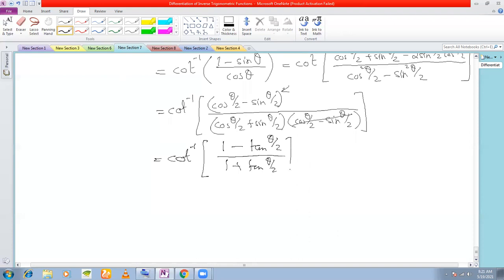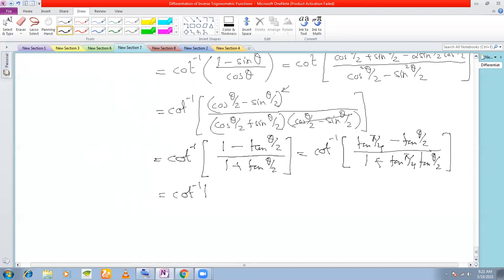Right? So now same technique. Put 1 is equal to tan pi by 4, so we get tan pi by 4 minus tan theta by 2 divided by 1 plus tan pi by 4 into tan theta by 2. So that means this is cot inverse of tan of pi by 4 minus theta by 2.